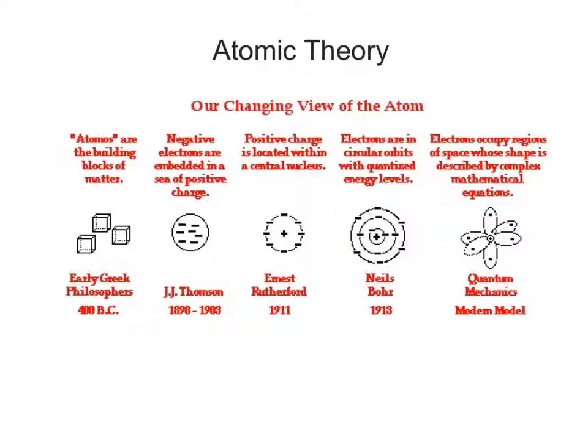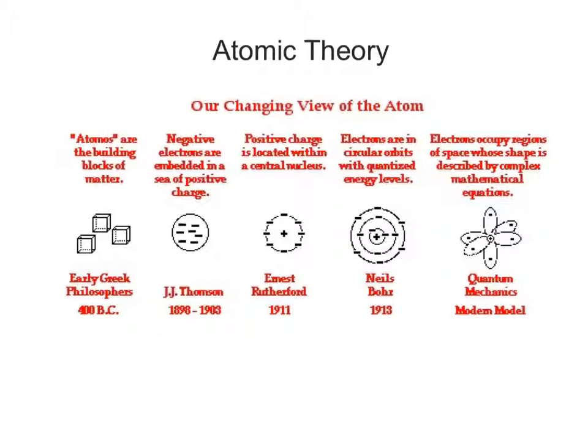And he changed the theory of an atom by saying now that we have two different types of charges inside of this atom, positive and negative charge, and that the negative charge is caused by something called the electron. And his model got us further towards the truth as to what the atom looks like, but not all the way there. So this is the first time where charge really came into the equation.